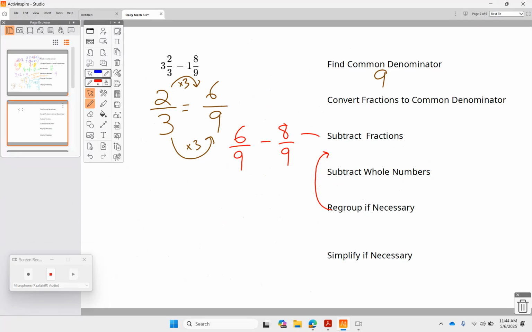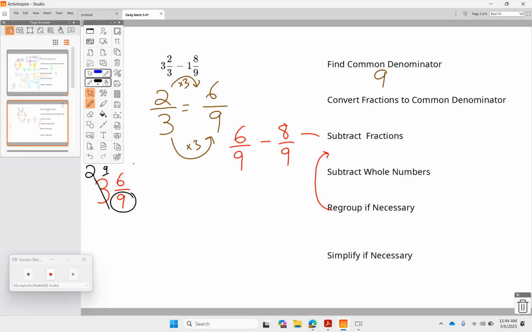So if I look over here, 3 and 2/3. Okay, but we've said it actually became 2/3, became 6/9. Regrouping here means just like when you are borrowing from numbers, we're going to take the 3 and bring it to a 2. But each whole, in this case, we use the denominator, is 9 ninths.